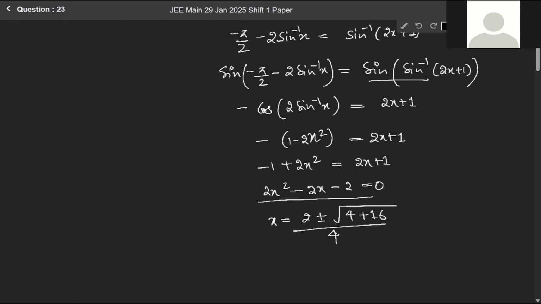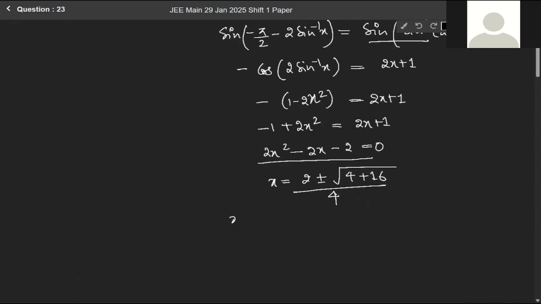So solving it, we get x is equal to 2 plus minus under root of 16 plus 4, 20. So it will be 2 root 5 over 4. So eventually it will be 1 plus minus root 5 over 2. So x value is 1 plus root 5 over 2 and 1 minus root 5 over 2.